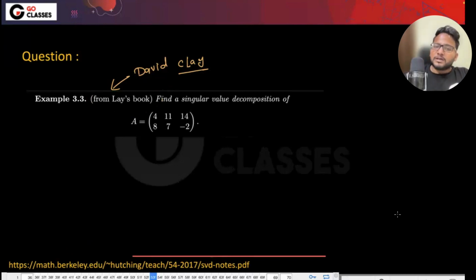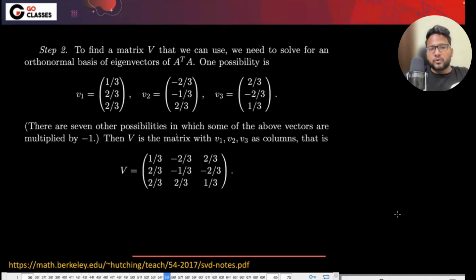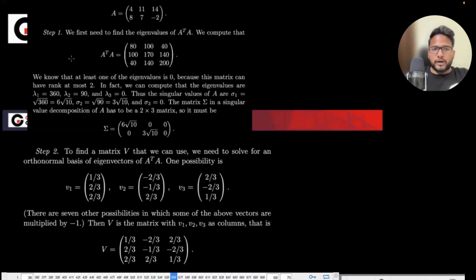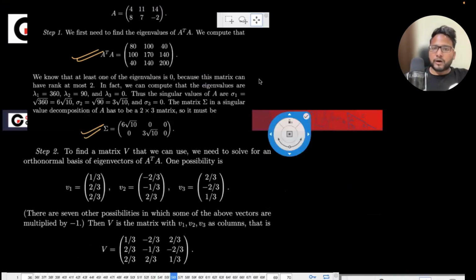That's fine. So suppose that you have got your A transpose A, you have got these eigenvalues, and then finally the singular values, and then you are getting v1, v2, v3. So how many u's are there? What is the dimension of U? How many u's are required?